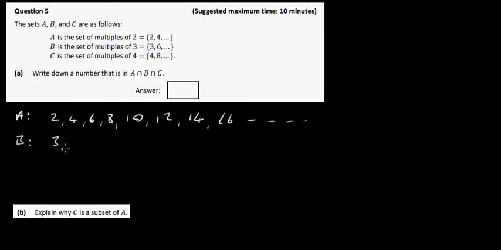Okay, so if we write out set A, for example, we would have 2, 4, 6, 8, 10, 12, 14, 16, and so on. If we were to write out set B, that would be 3, 6, 9, 12, 15, 18, 21.